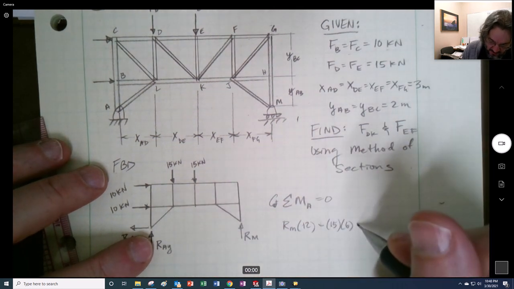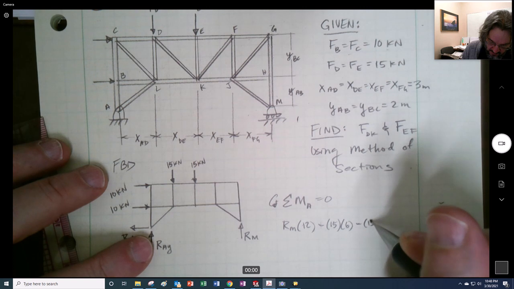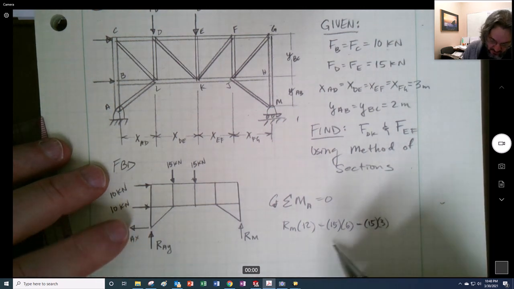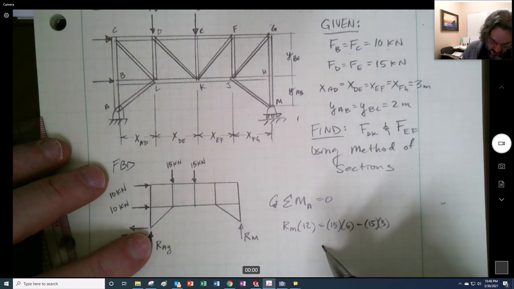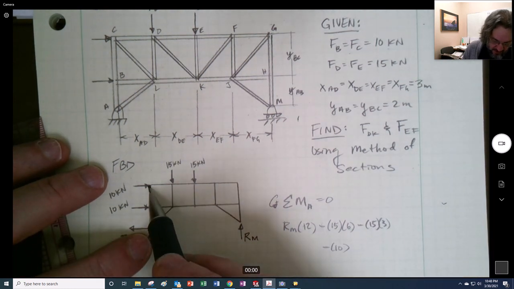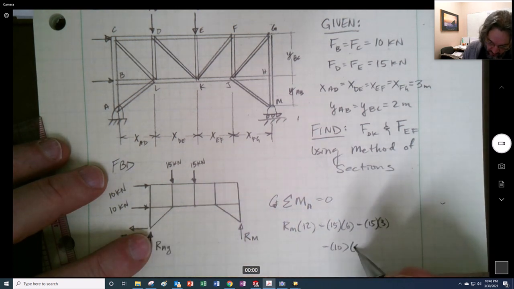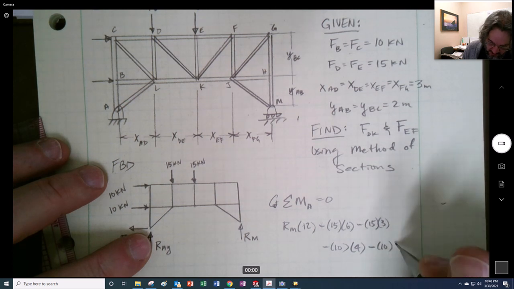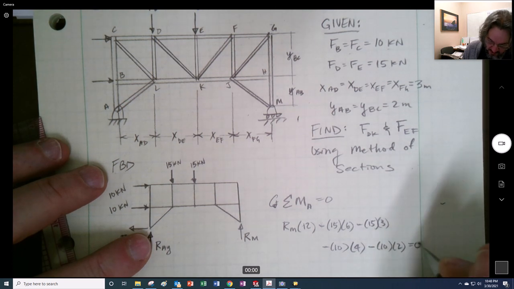And then another 15, but now times 3. And then I need to come down to the next line over here, and I'm going to have a negative 10, but let's do this one first. This is 2 and 2, so that's 4. And then another 10, but then this is going to be 2, and it's going to be equal to 0.